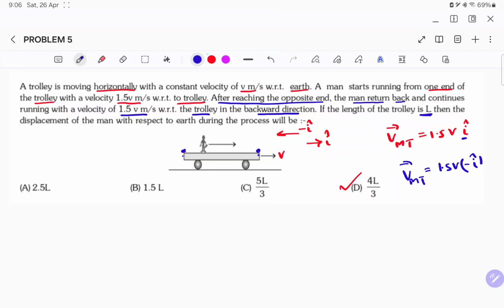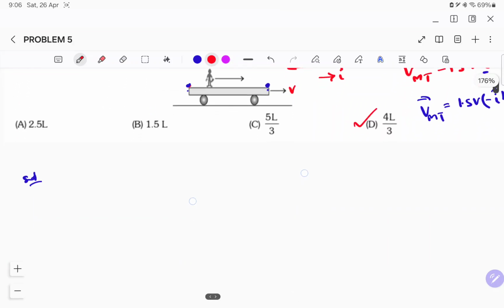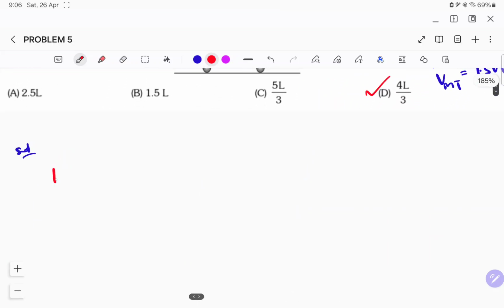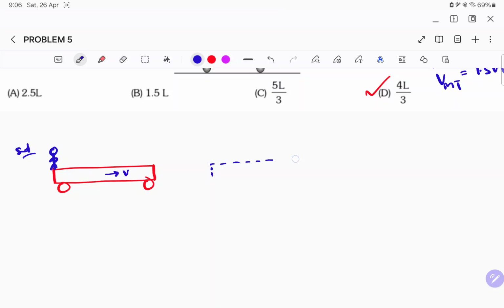Okay, see, for explanation purpose, let me go with one simple diagram here. If this is the trolley, initially man is here at its one end. As trolley is moving towards right side with constant velocity v, after some time, say the trolley is somewhere here, like this.